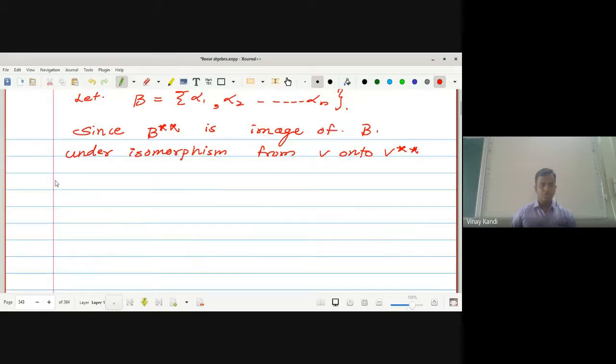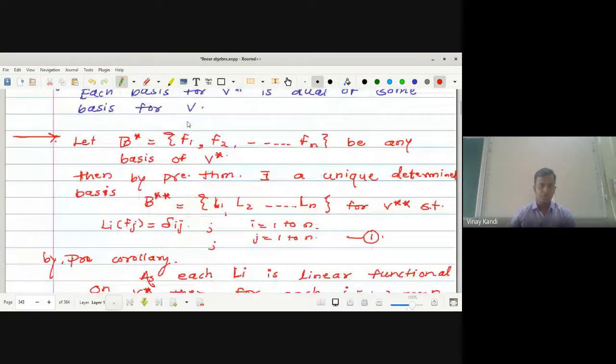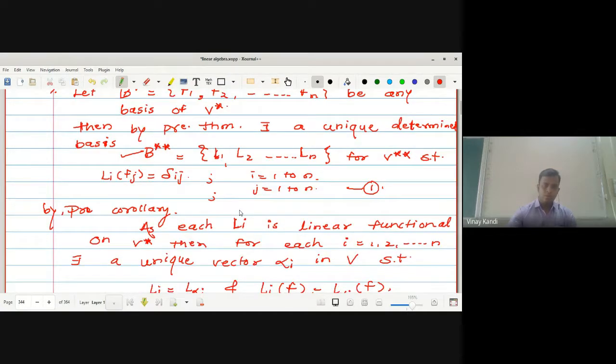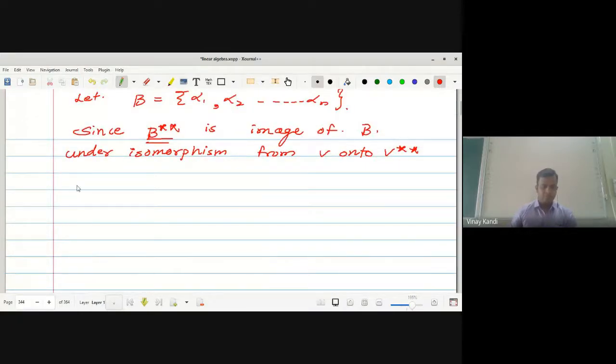We know that this B double star is a basis of V double star.